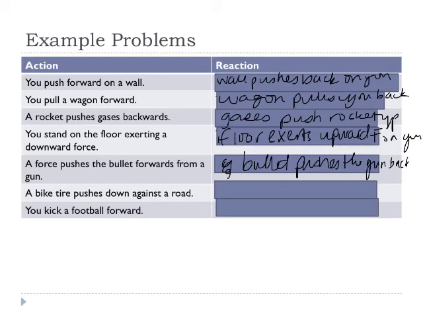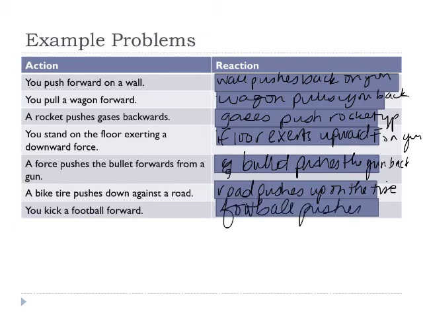A bike tire pushes down against a road. The road pushes up on the tire. And you kick a football forward. The football pushes your foot back.